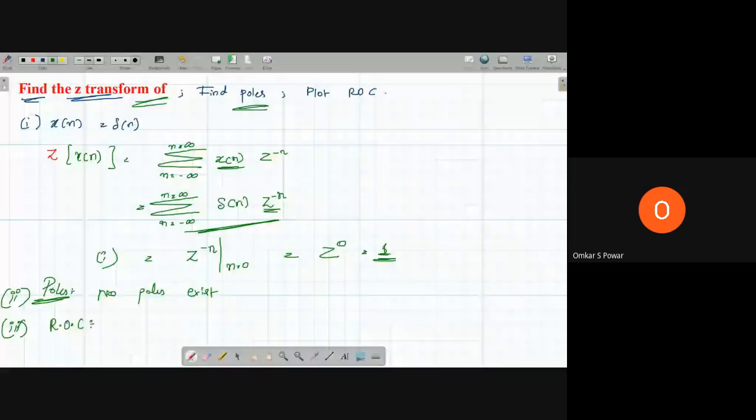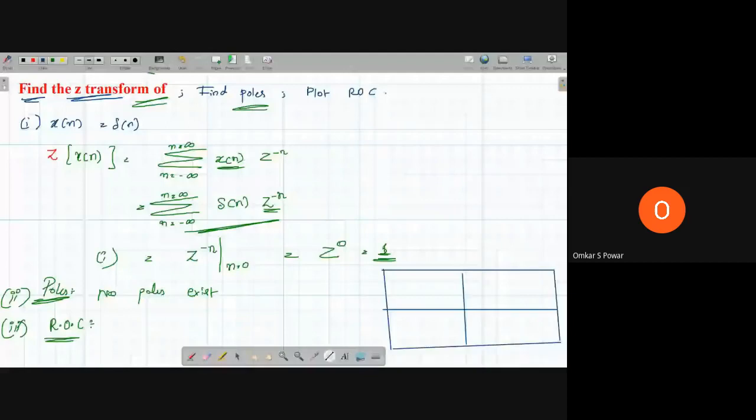So for this, the ROC is, let me draw neatly. Okay. So this is your Z plane. So your ROC, the region of convergence, is your entire Z plane. Okay. So this is your Z plane.